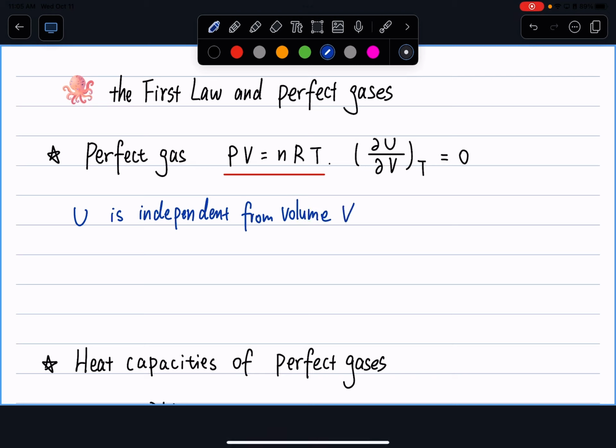Or, the other way to put it, the internal energy of an ideal gas is only a function of T. Likewise, the enthalpy of an ideal gas is also only a function of T. So both internal energy and enthalpy only depend on the temperature of your ideal gas.